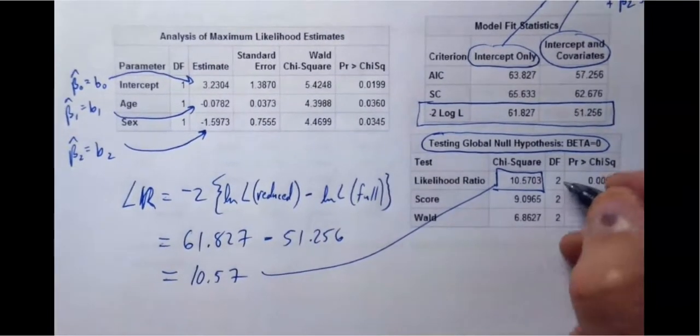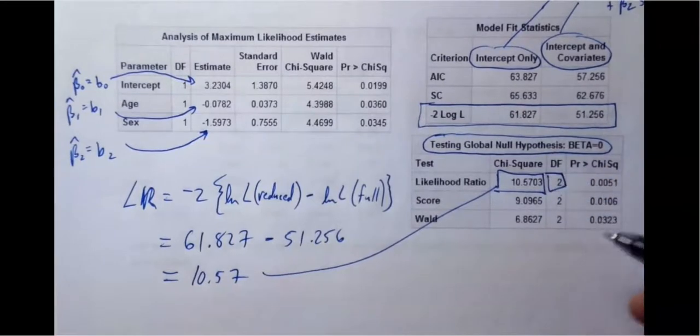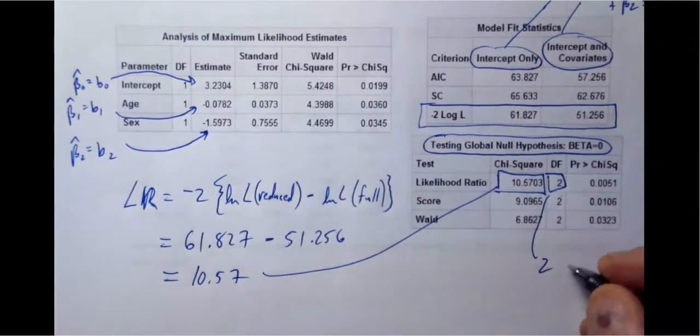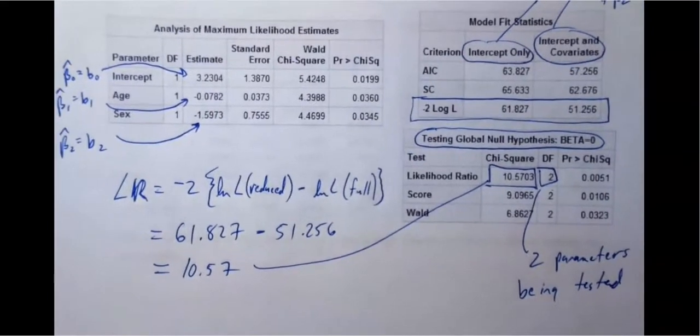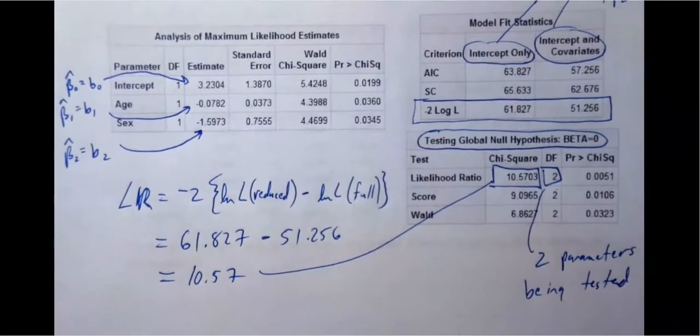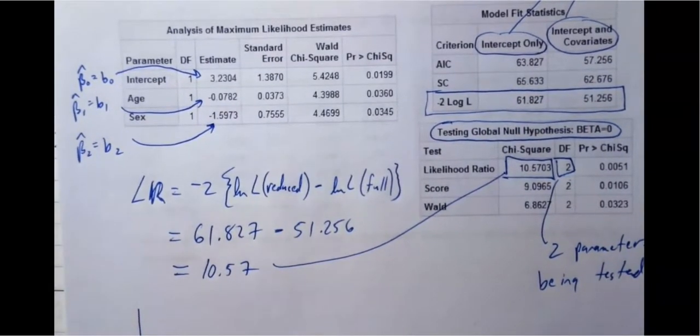Okay. It has 2 degrees of freedom because there are 2 parameters being tested. What does a chi-squared distribution look like? It's also right skewed and positive.